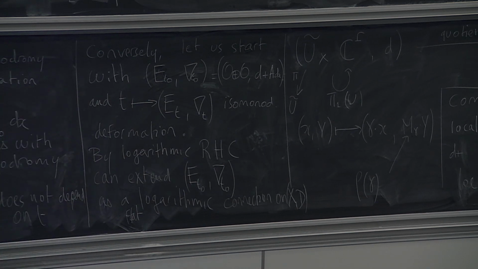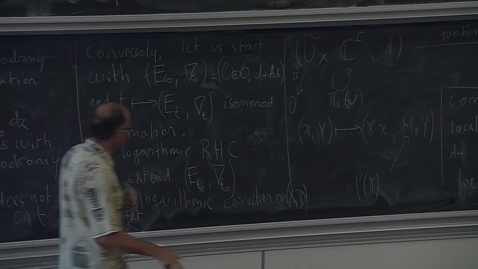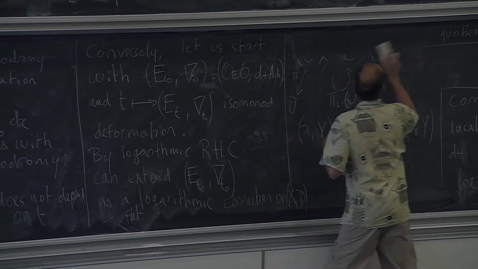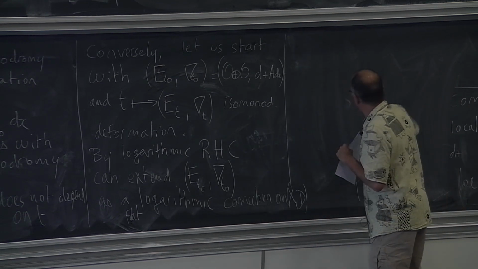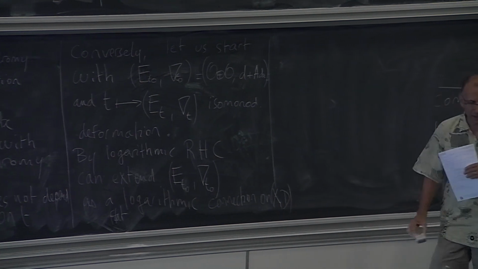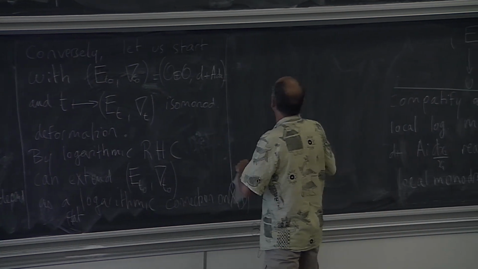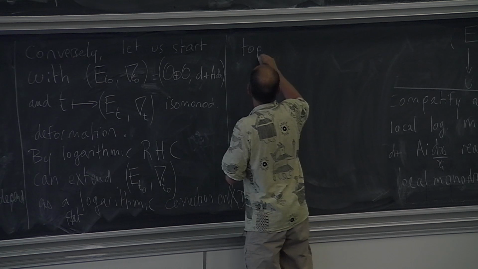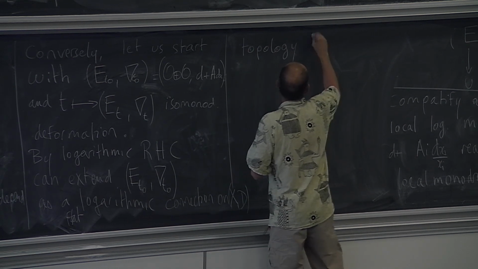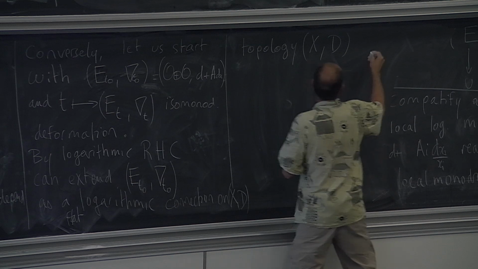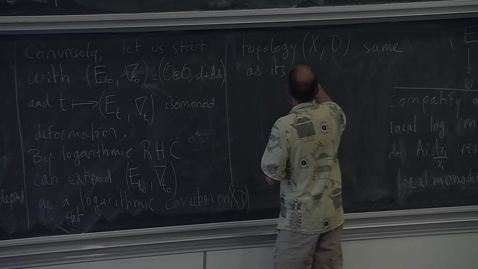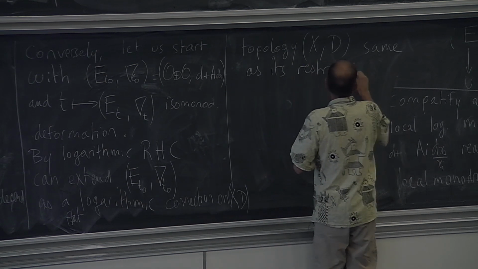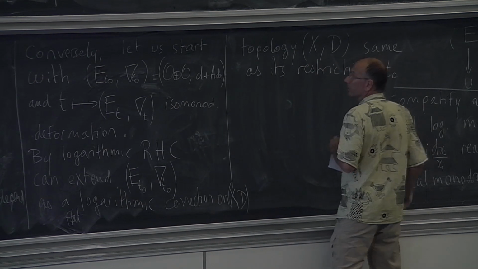Why? Because you see that the topology of X minus the divisor D is the same as its restriction to T0.